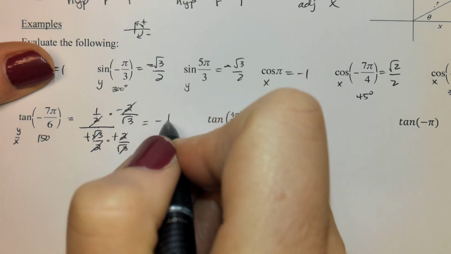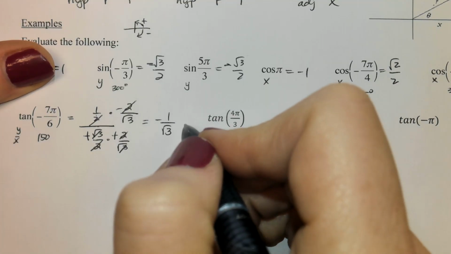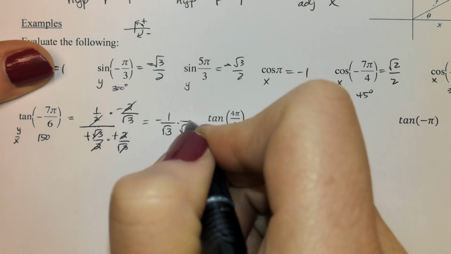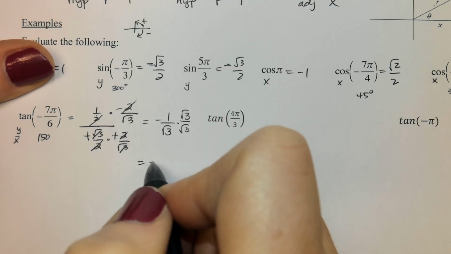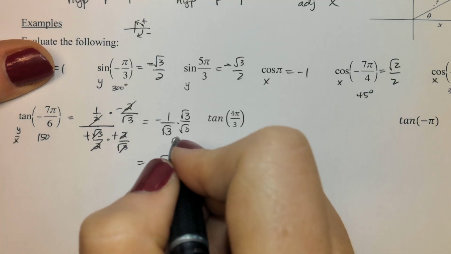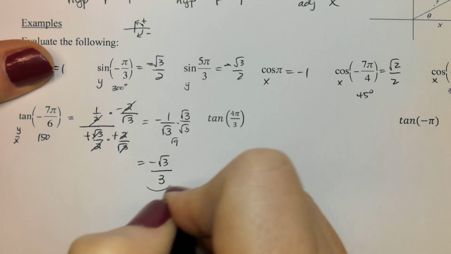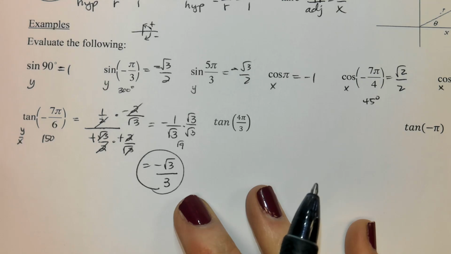So I end up with negative 1 over square root of 3. Oh my goodness. We know we can't have square roots in the denominator. So now we're going to multiply by square root of 3 over square root of 3. Multiplying straight across, I get negative square root of 3 over square root of 3 times square root of 3, which is square root of 9, which is just 3. So that is the tangent of my negative 7 pi over 6.